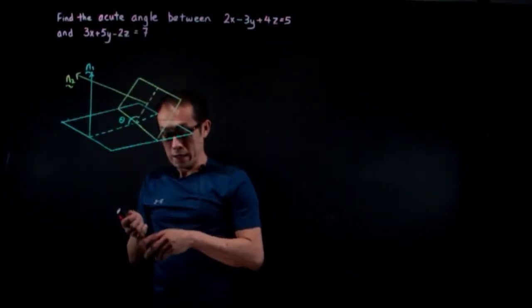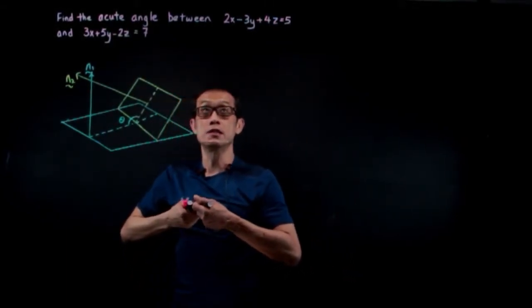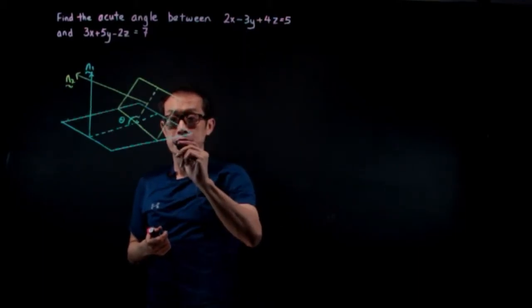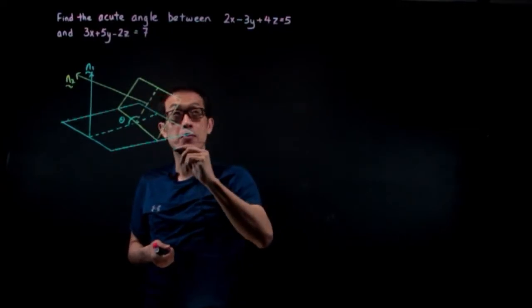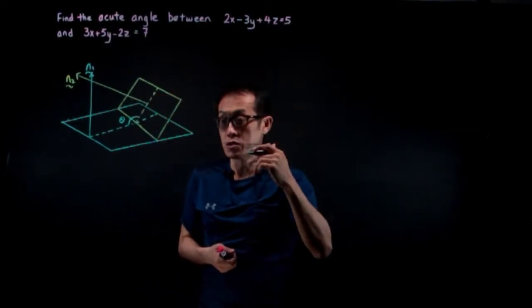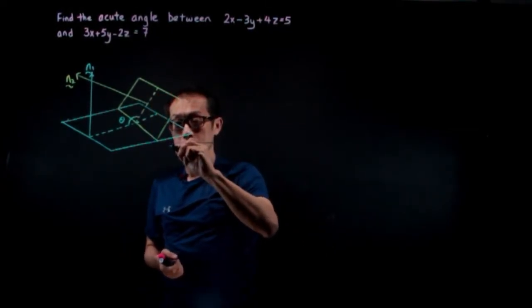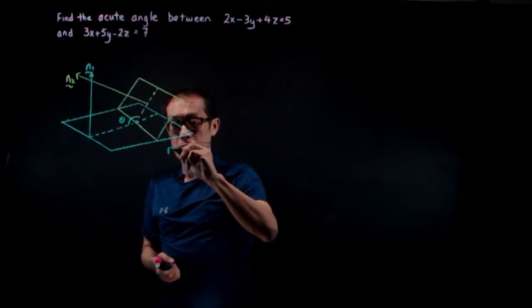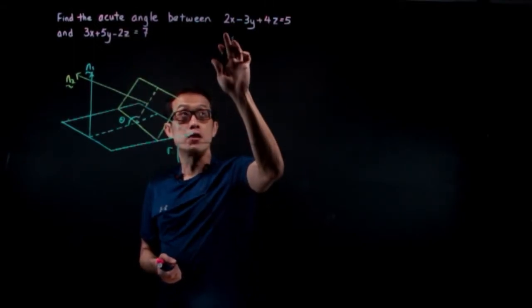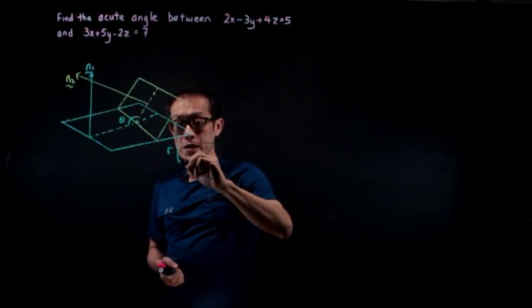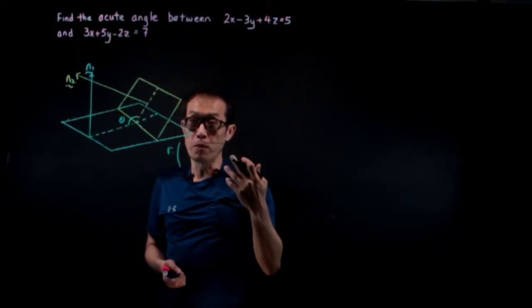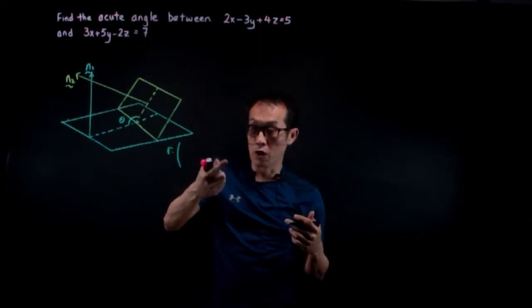Now let's look at these two planes. Let's call this the first plane. I rewrite this in the form of a scalar product because we need to use the normal. The scalar product will be in the form r dot. The coefficients of x, y, z will be the i, j, k components of the normal.